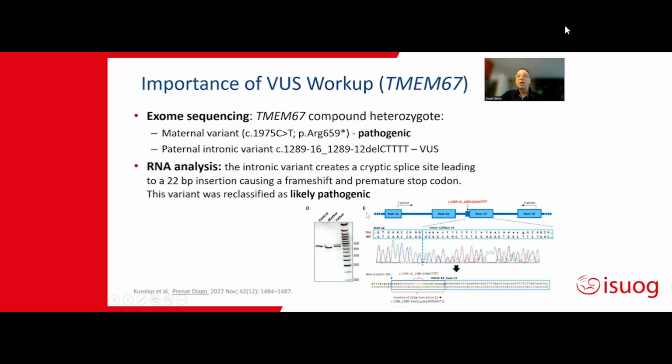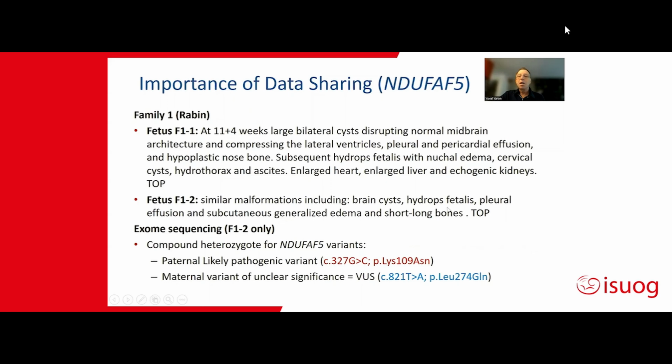And then we had cases where we were able to use RNA sequencing to actually rule out the pathogenicity of certain variants that initially appeared to be causative pathogenic. This other case shows the importance of sharing data information. This involves the gene that I referred to before, NDUFF5.